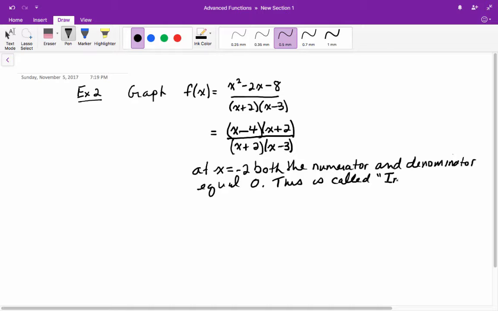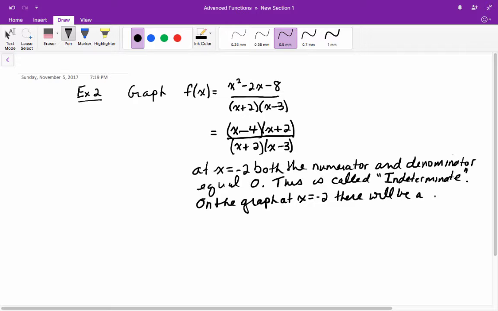indeterminate. On the graph, at x equals -2, there will be a hole.